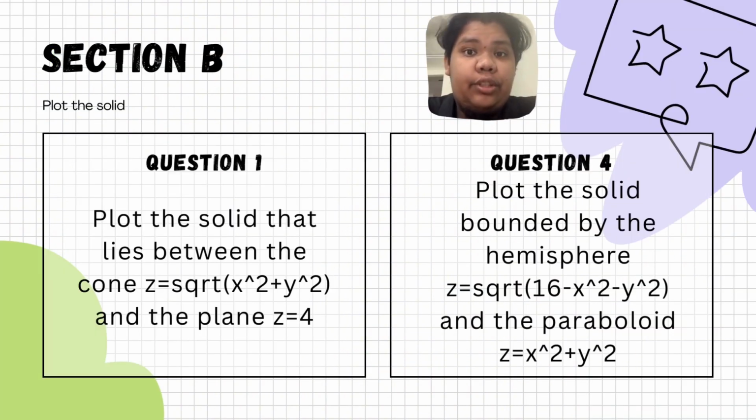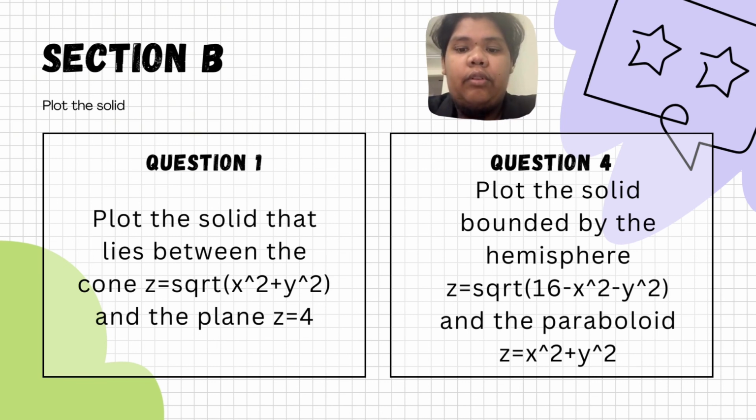For section B, we need to plot the solid, and we were given the option to choose from 4 questions, and I choose question 1. Plot the solid that lies between the cone z equal to square root of x squared plus y squared, and the plane z equal to 4.